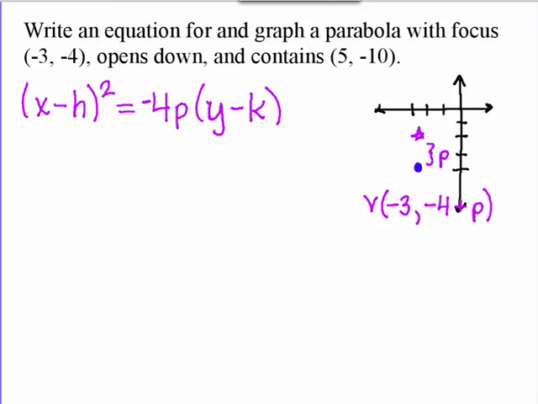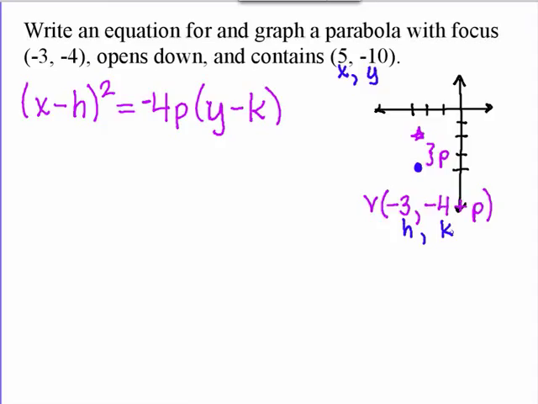So real quick, let's think about things. I know that this point here is an x and a y, right? I know here that in my vertex, what is -3? How about h? What is -4 plus p? Okay, so I'm going to plug those values in.